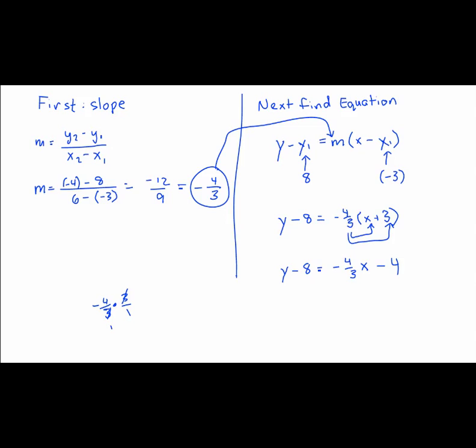When we cancel out the common factor of 3, we can see that what we have left here is -4 over 1, and that's where this -4 came from here. So all we have left to do now is finish solving for y. I'm going to add 8 to both sides, and I get y equals -4/3 x plus 4.